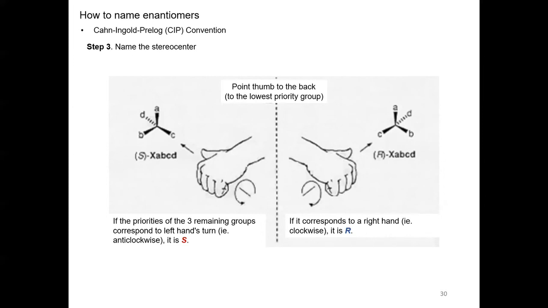If it doesn't, then use your right hand, it should match. If your right thumb is pointing to D and you rotate your right hand, A, B, and C, in the correct direction, then we call it an R. So S and R are enantiomers, depending on which hand fits the direction of your molecule orientation.